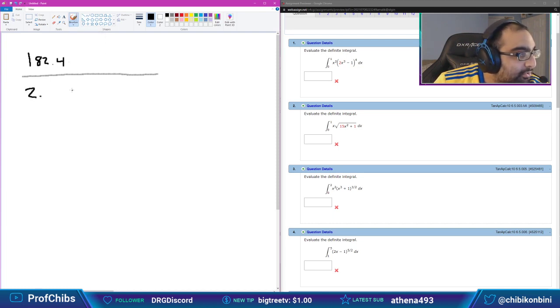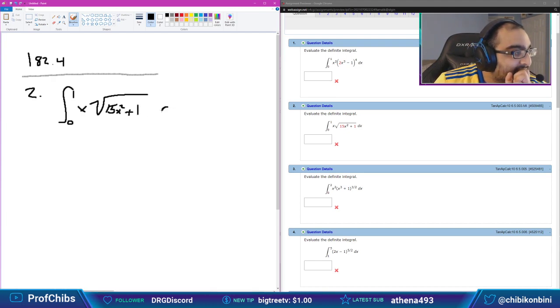All right, so number 2. The integral of 0 to 1 of x times the square root of 15x squared plus 1 dx. Okay, so there are going to be two ways to approach this type of problem here because we're going to be using u substitution.